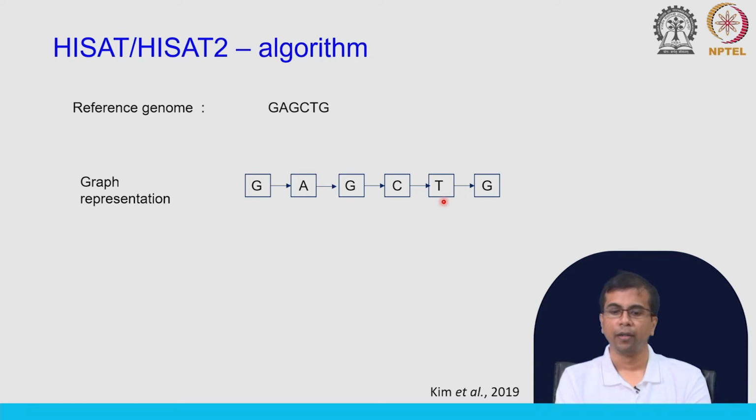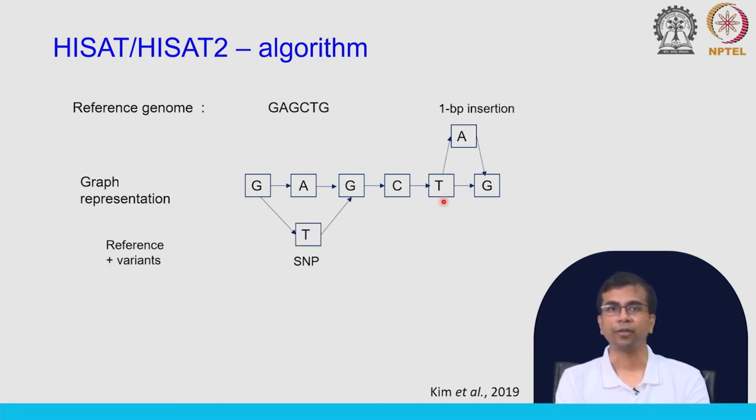Okay. Now, in this graph representation of the reference genome, you can also introduce variants. Here, if you imagine you have a variant which, instead of GAGCTG, has GTGCTG, then you have to traverse through this path here, GTG, not GAG.